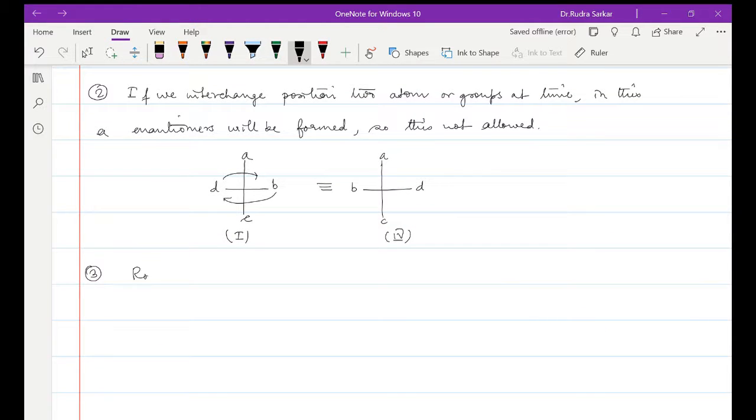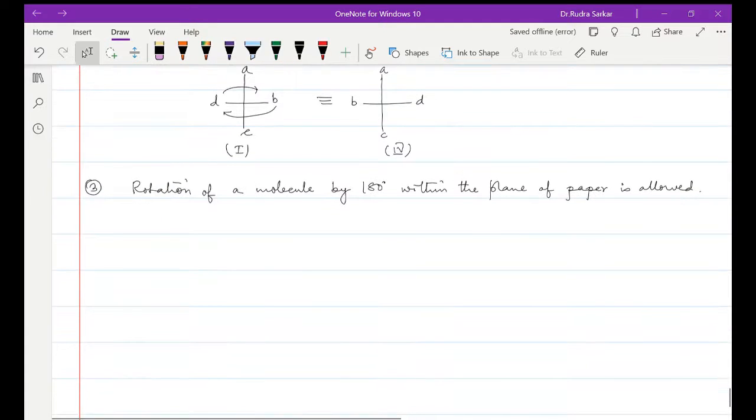Now, rotation of a molecule by 180 degrees within the plane of paper is allowed because it generates the same molecule.